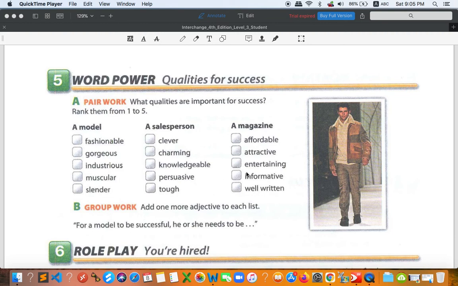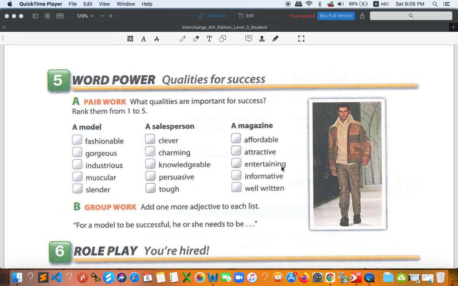A magazine. Affordable means you are able to buy. It's not expensive, it's not too cheap. It's reasonable. So it means affordable. It's like, it's okay, you can buy that. Attractive, entertaining.